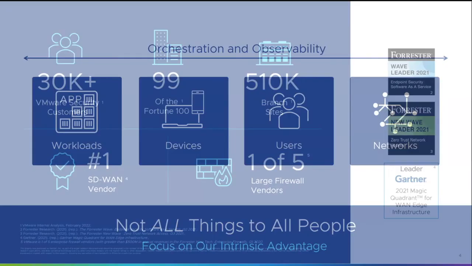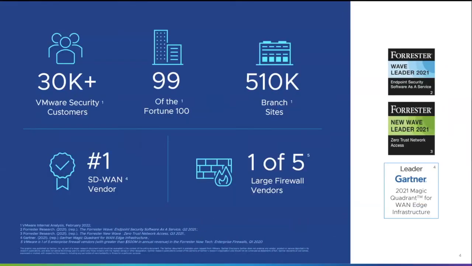Now, some of the stats here will be very surprising to a number of you. VMware Security today has over 30,000 customers globally. So we have a huge security business, and we secure 99 out of the Fortune 100 organizations.